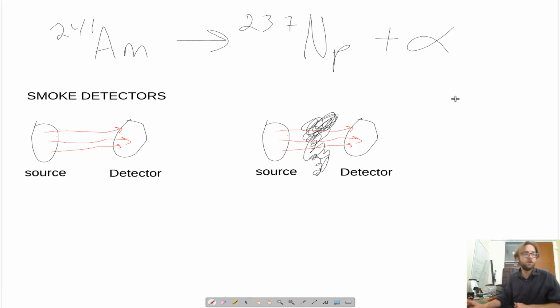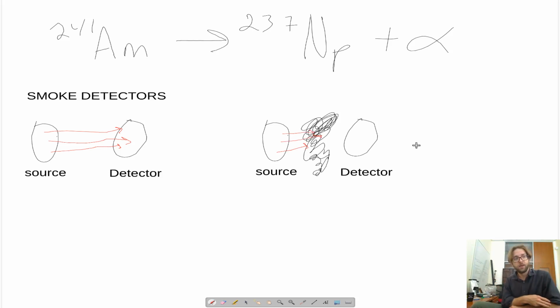And that will trip the circuit and make it so that these alpha particles don't make it all the way through, and instead they get stopped in the smoke because they're so massive and they have such a relatively high charge.